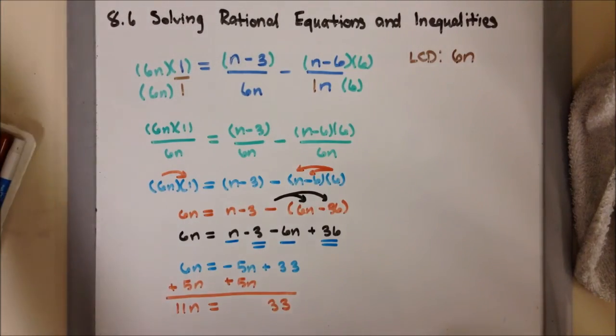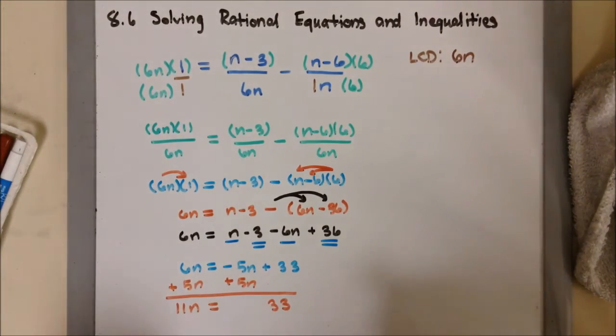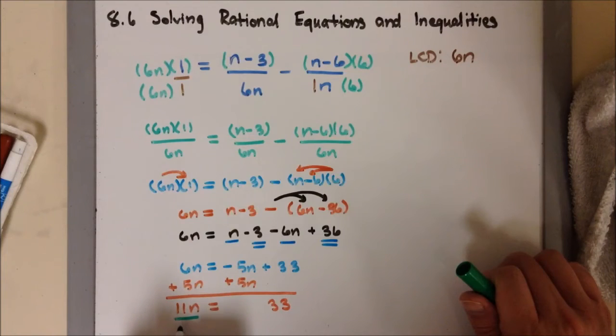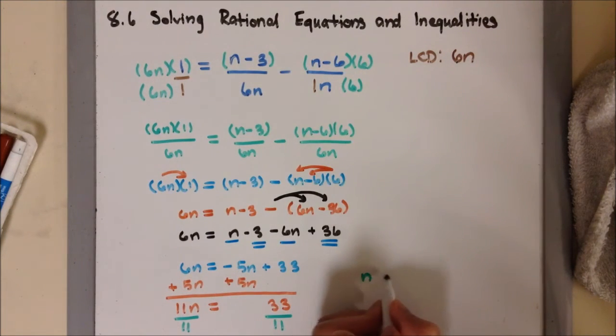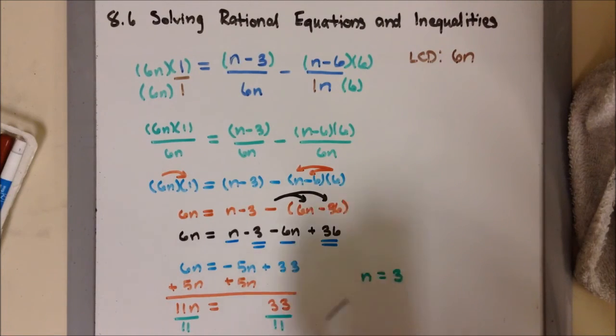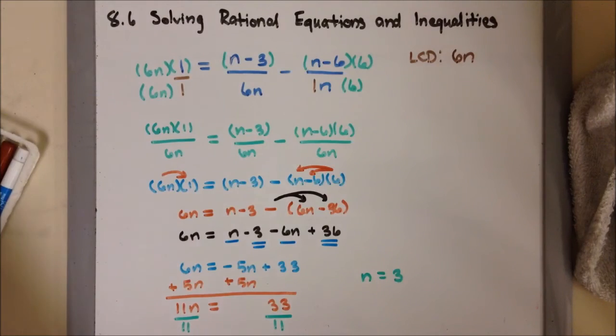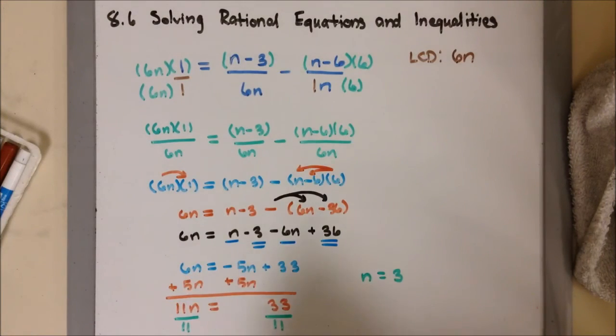From there, to solve for n, I'm going to divide both sides by the number in front of it, which is 11. So I have 33 divided by 11, therefore n equals 3. And that will be our final answer. Let me box that up.